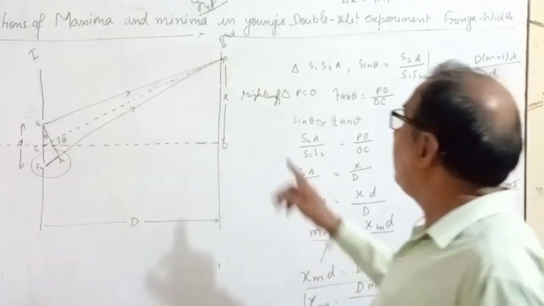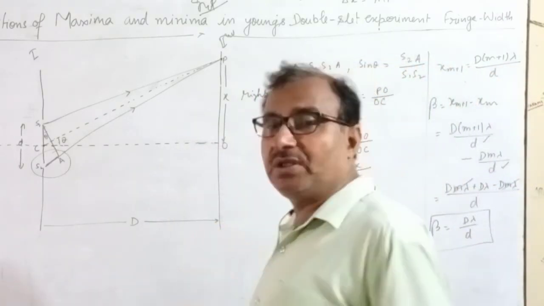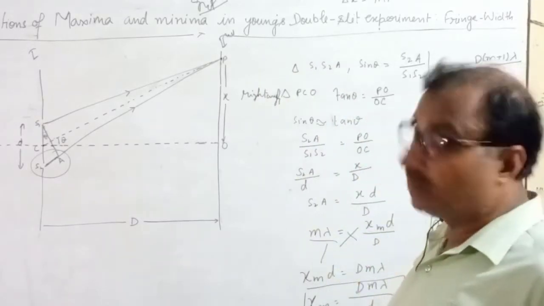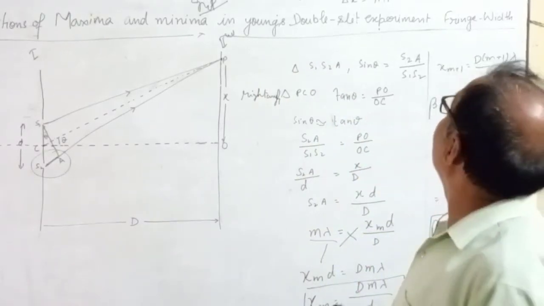Suppose that at point P, instead of a bright fringe, we get a dark fringe. So what is the condition for dark fringes?